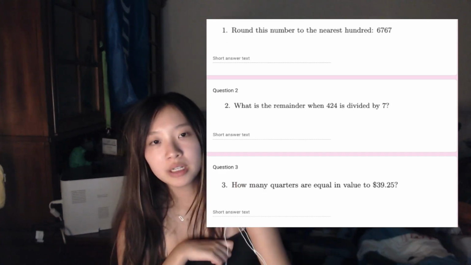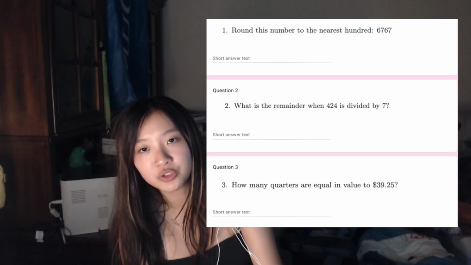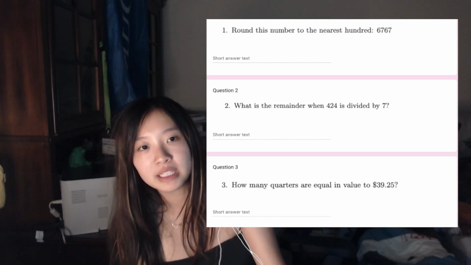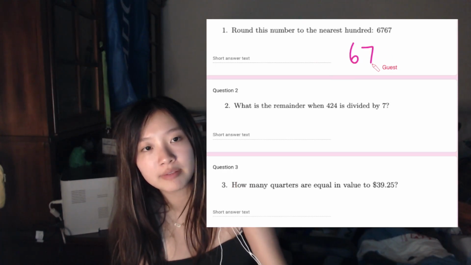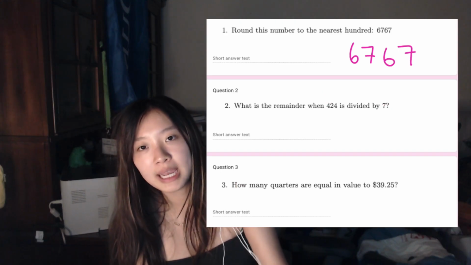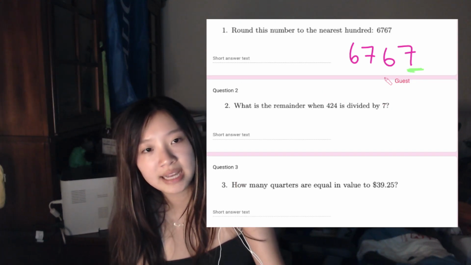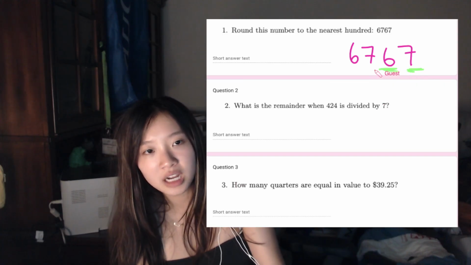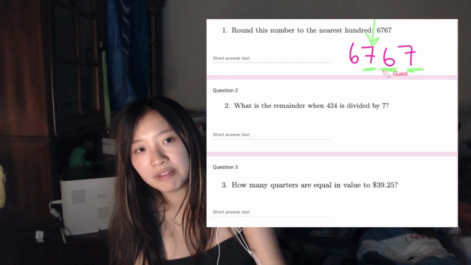So I'm going to start with question 1, which is round this number to the nearest 100. I'm going to make this bigger. So what we're dealing with here is the number 6767. But we're rounding to the nearest 100, and let's remember, this is the ones place, this is the tens place, and this is the hundreds place. So we're really narrowing our focus here on the 7.